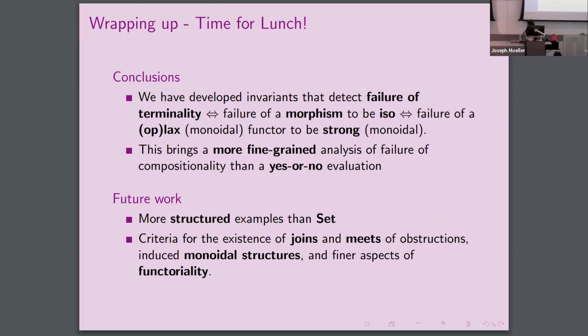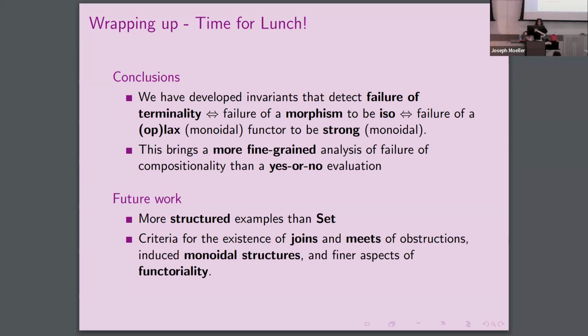And so, wrapping up, we have developed invariants that detect failure of terminality. That is also the failure of a morphism to be iso, that in turn qualifies failure of a functor to be strong, and so failure of compositionality. So what we got is a more fine-grained, a more detailed analysis of why and where compositionality fails, than simply yes or no, it is compositional, it's not.